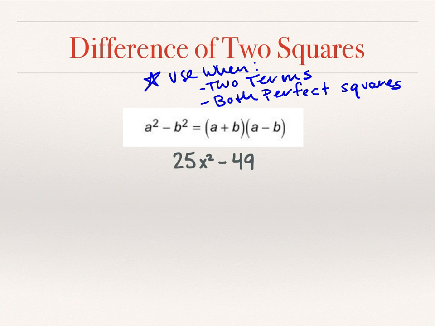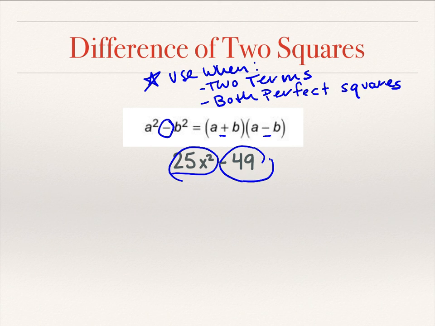So we see we only have two terms. We have this one and we have this one. And we're always going to be subtracting the two perfect squares. So in this one, we always start with subtraction in between our two terms, and it becomes plus and minus in our answer.